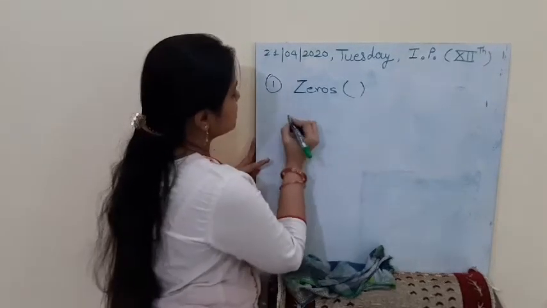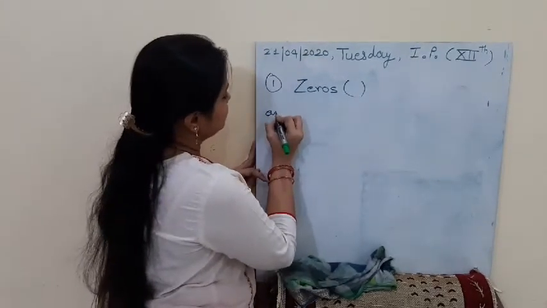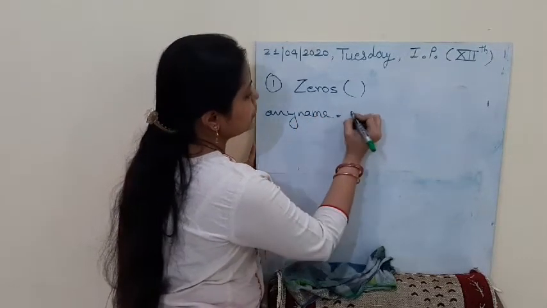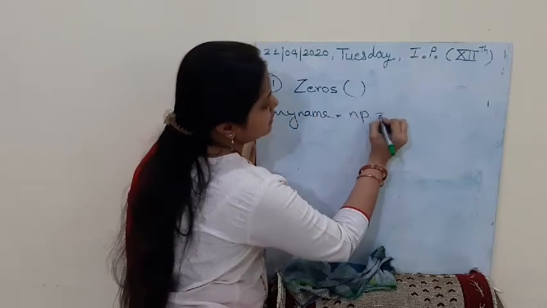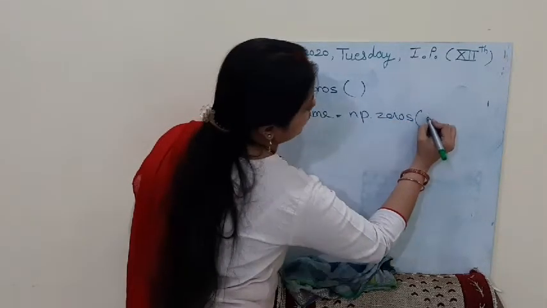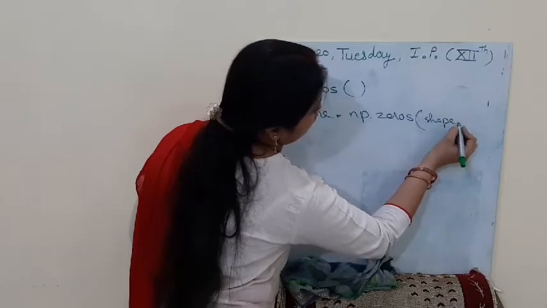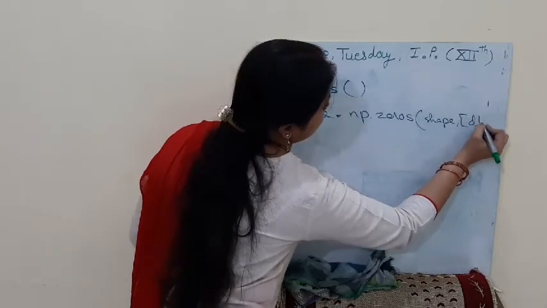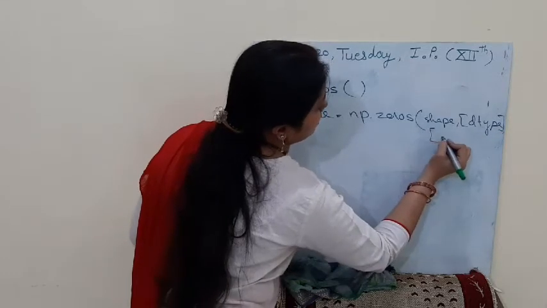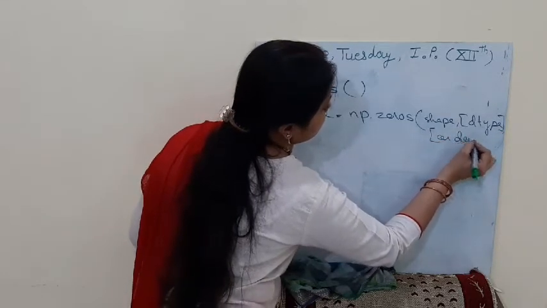Again the arguments are the same: array name is equal to np.zeros, then shape, comma dtype, comma order.